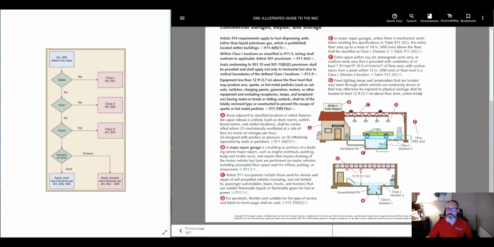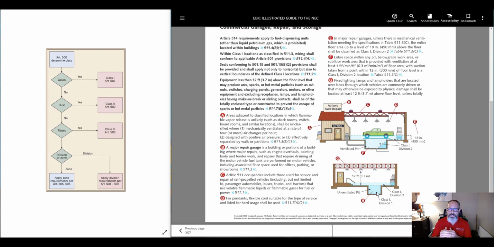The Class 1 Division 1 stops because vapors, this is a Class 1 Division 1 because vapor can sit in this pit. Vapor is heavier than air, and so the vapors are going to settle down to the ground. So you may have Class 1 Division 1 down below a tanker truck that's offloading gasoline or loading gasoline, and above it you have Class 1 Division 2. So down below is where all the vapor is settling onto the ground.